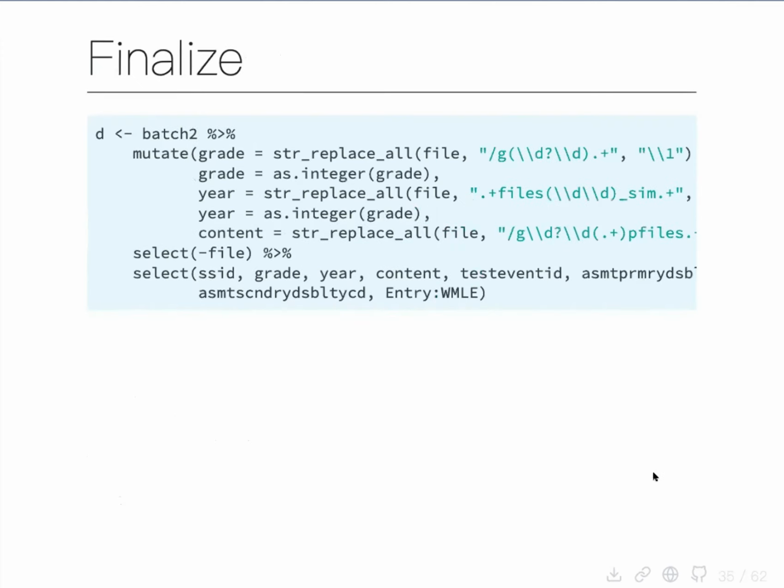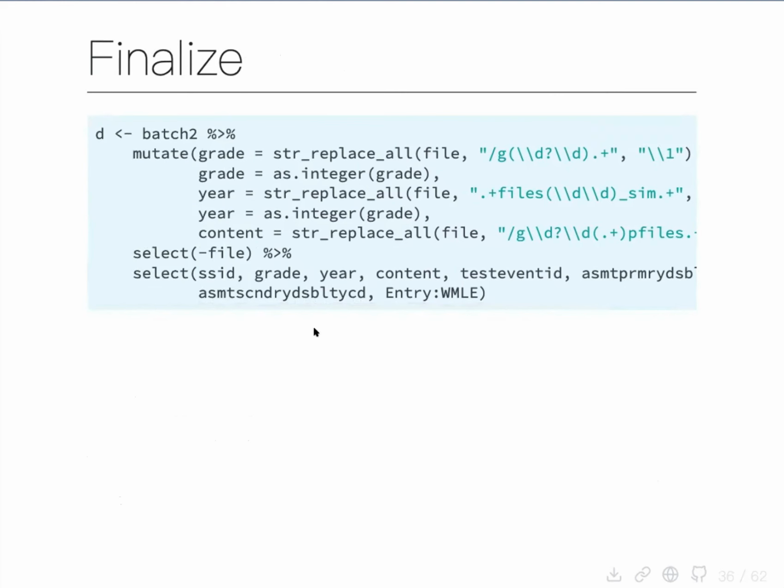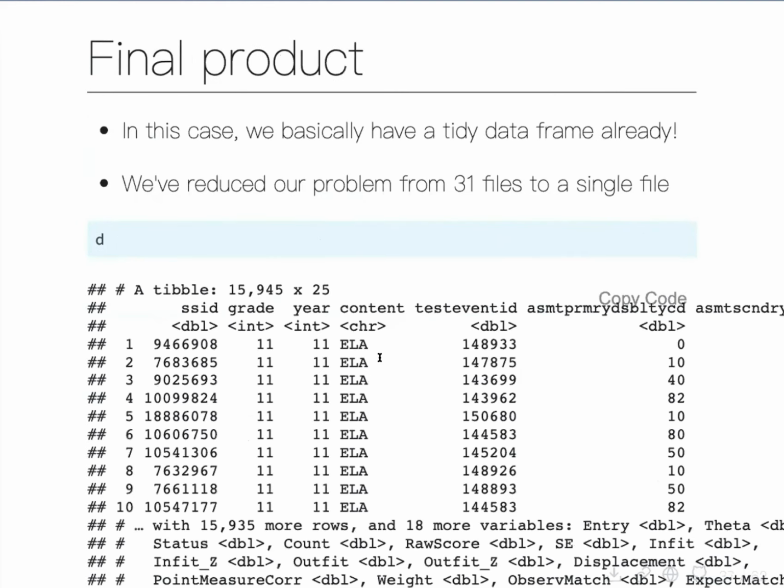Okay, so finally, this is finalizing it, right? This is all my code, just a little more abbreviated, but it's running off the slides. But then we're going to select just these columns, and then we end up with a data set that looks like this. Okay, so we have our SSID, our grade, year, content, and then all of the other stuff. Okay, so the extent that you may need to do this is obviously going to depend on the work that you do.